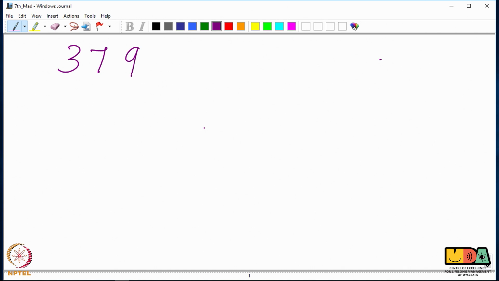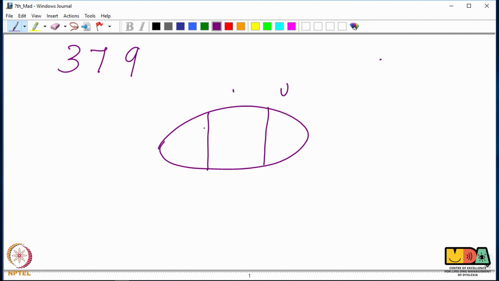Now, by this time the child knows very well that they can draw a caterpillar, and it is a tiny caterpillar. So, how many sections will it have? 3. Ask the children to mark them, units, tens, hundreds. Ask them to fill in the numbers 9, 7, 3.